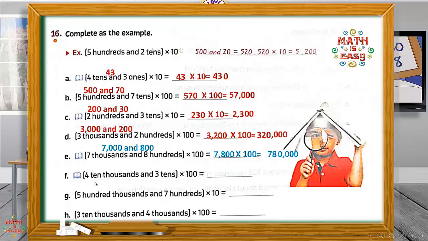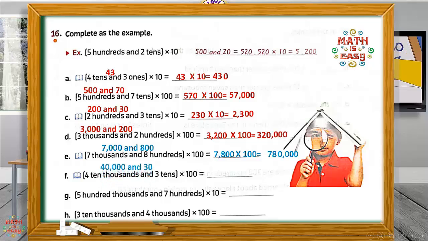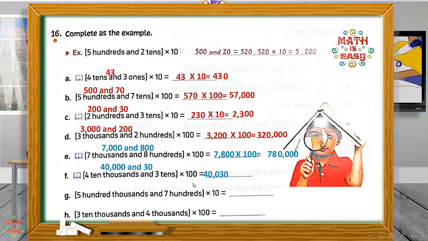Next one. 4 10,000s means 40,000, 3 zeros here, like this, 40,000. And 3 tenths means 30. Make addition, 0 plus 0, 0. 3 plus 0 equals 3. And write the remainder. 40,030.